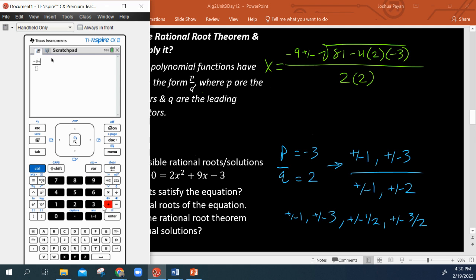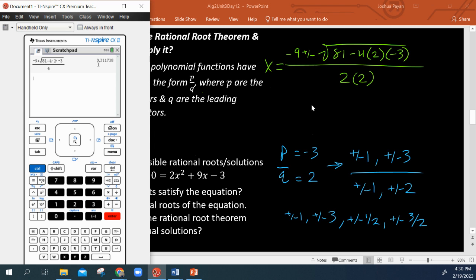We're just going to do the plus one first. Then I'm going to hit Control X squared. So 81 minus 4 times 2 times -3 over, and we know 2 times 2 is 4.